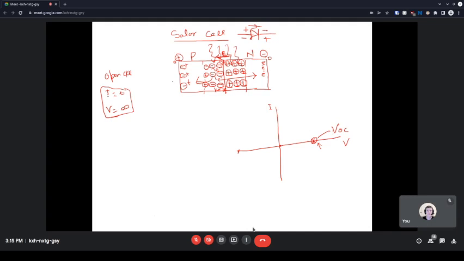In the other way, if you are going to short this circuit, completely shorting you are going to do. If you are shorting this circuitry, this is I. So if suppose this is shorted here, once it is shorted, then what is going to happen?